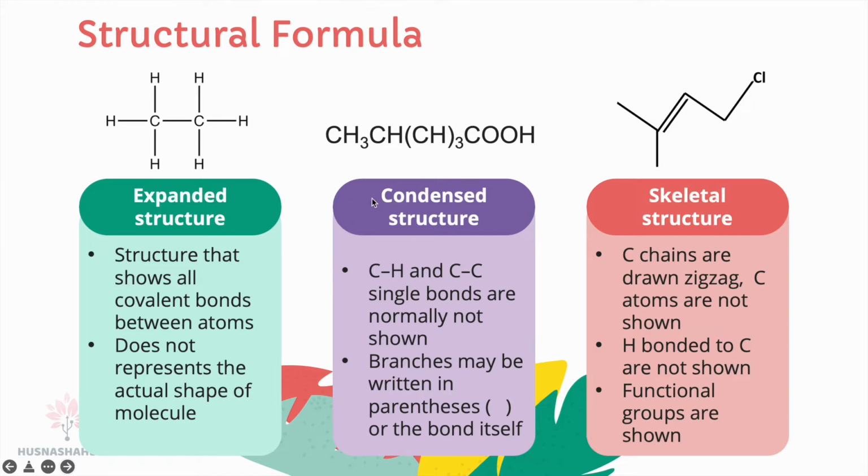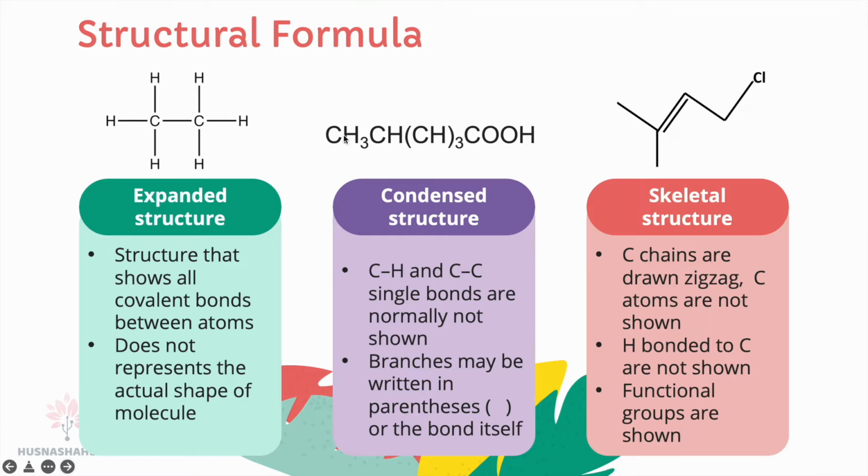In condensed structure, the C-H bonds and C-C single bonds are not shown. For example, in this condensed structure, this carbon is connected to 3 hydrogen, but the single bonds of carbon are not shown.